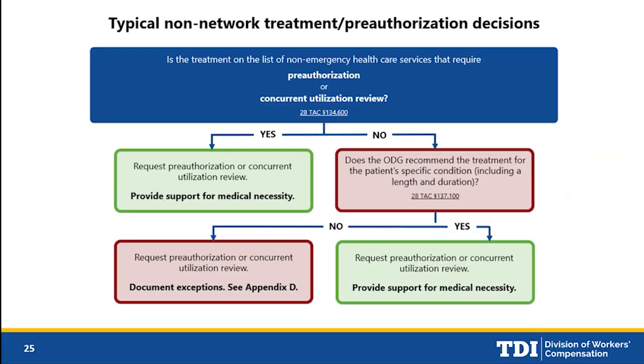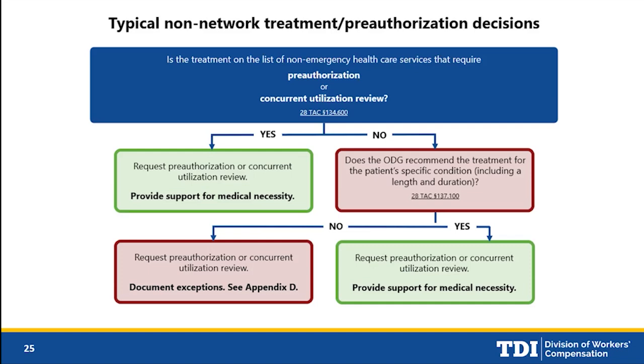And then if the ODG does not recommend it and you need to request pre-authorization, look at that Appendix D to help you justify that request for that service, and do it up front, right? Again, don't wait for a denial and then try to go back through the dispute process and try to justify it along the way.